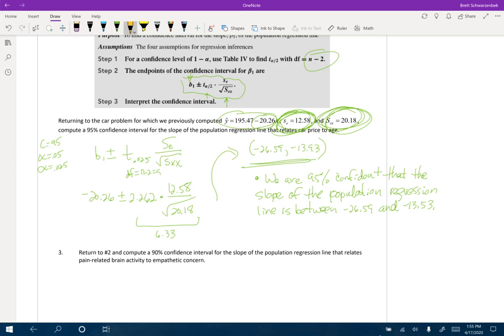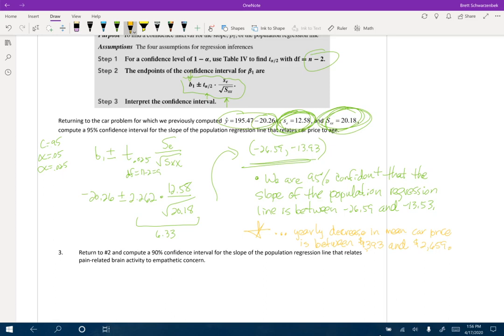This also means that the yearly decrease in mean car price is between $1,339 and $2,659. Look at that for a second.